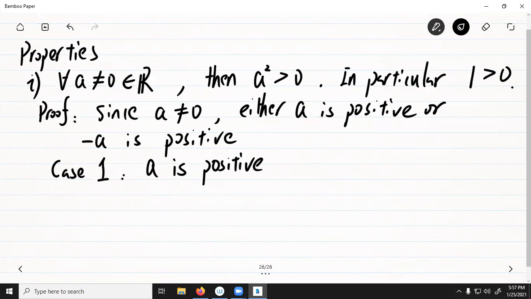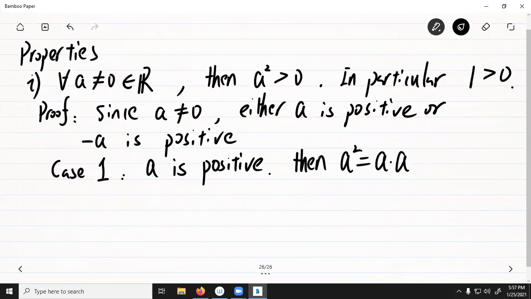We have two cases, so we need to consider the situation for both. If A is positive, then A squared equals A times A. We still denote that A squared means A times A. From the first part of the axiom, if you have two positive numbers A and B, the multiplication must be positive.